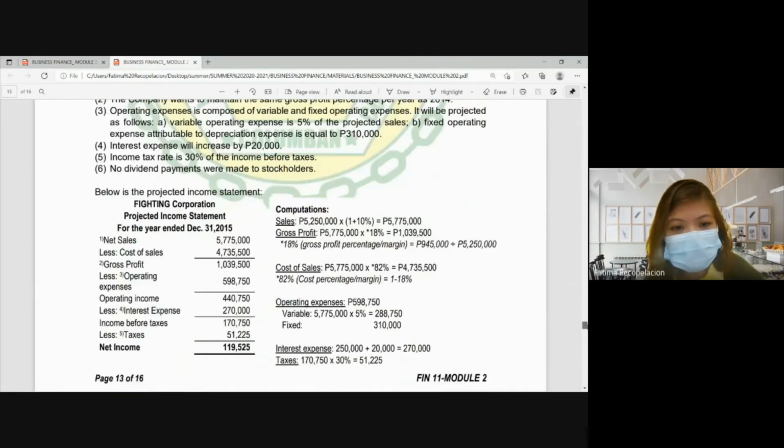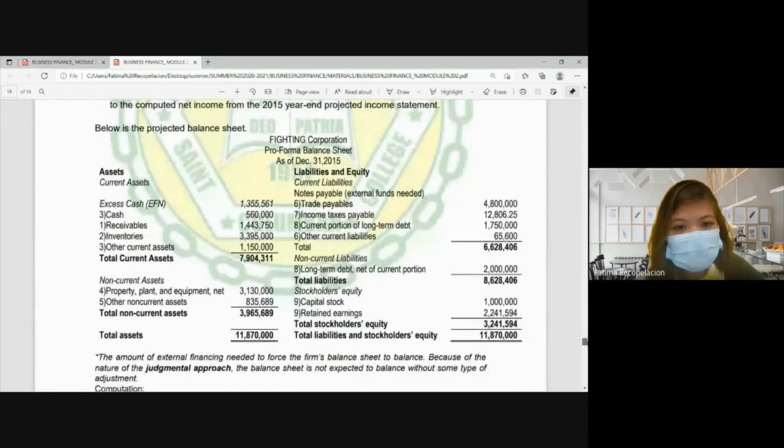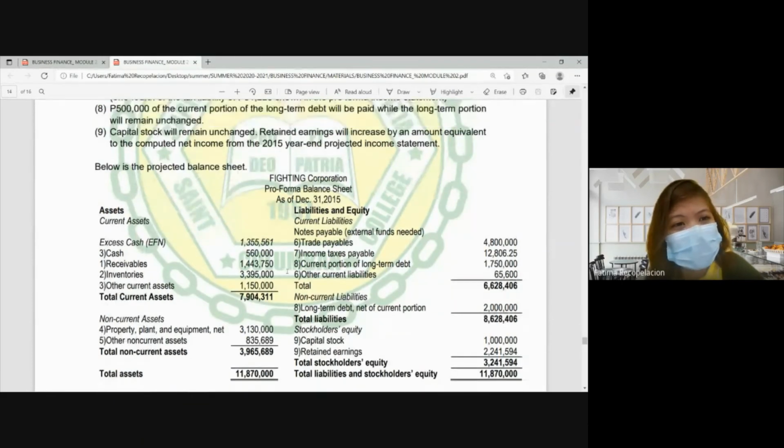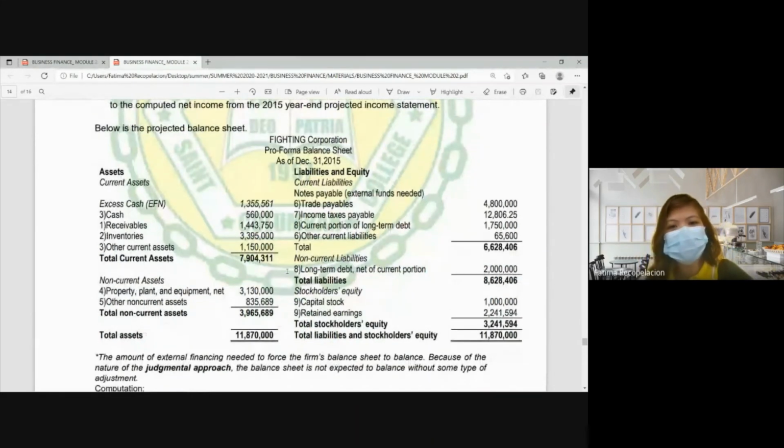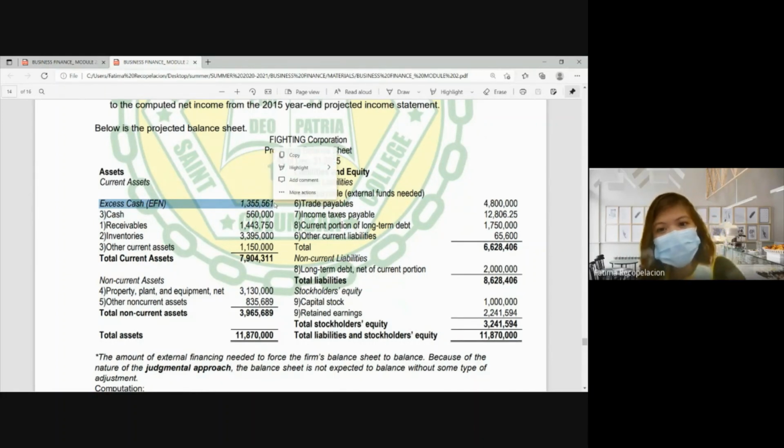Okay? So, generally, you just apply the assumption. When you add the assets and liabilities and equity, thus the equality, if the asset is short, you use excess cash or EFN. But if the liabilities and equity are short, you again use EFN in the liability section.